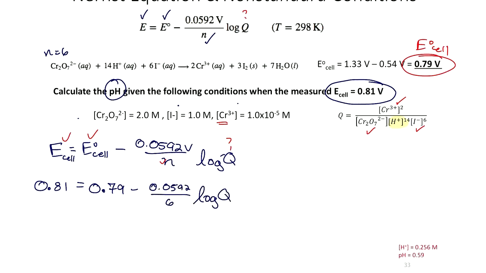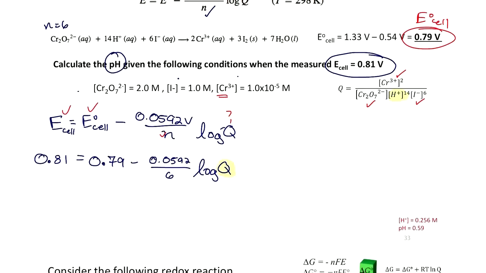So when you solve for this, we get positive 0.02 equals negative 0.0592 over 6 log Q. And so I'm going to multiply by 6 and divide by negative 0.0592, so then I get rid of that coefficient.